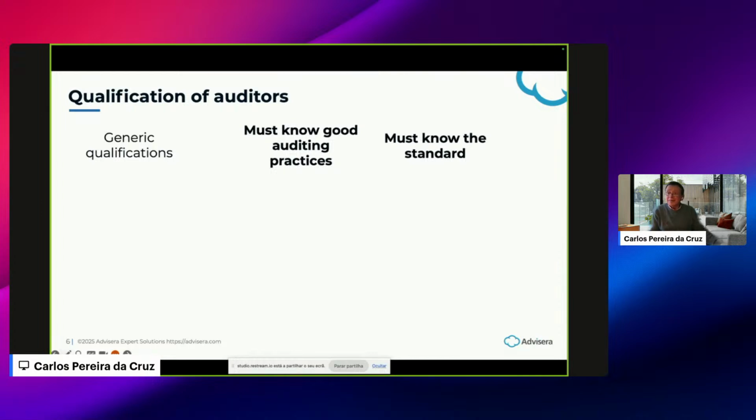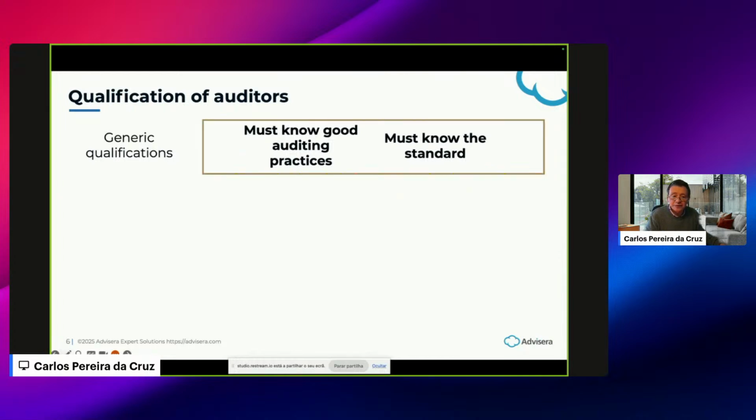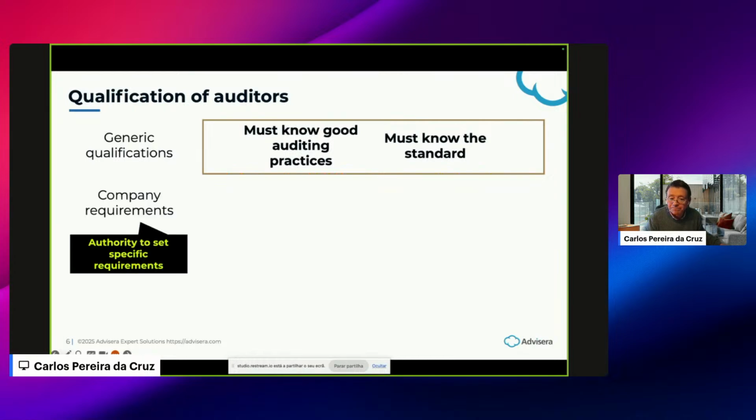Now, companies can establish specific requirements. Do they want auditors with a particular course done by a particular organization? Do they accept in-house training? Do they require a certain number of hours as a minimum?